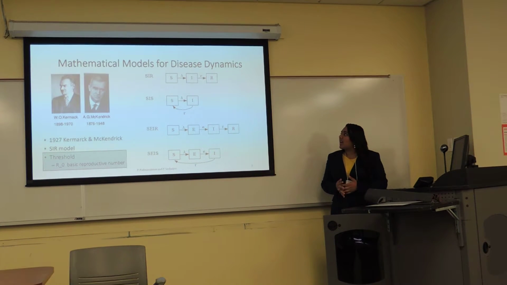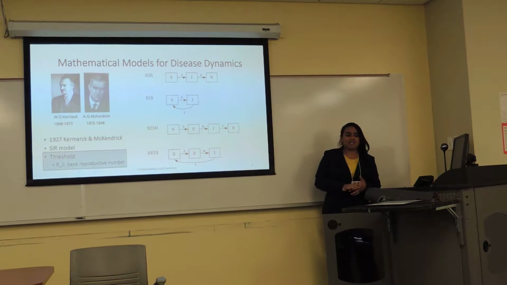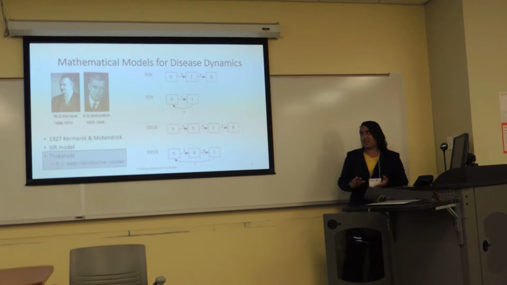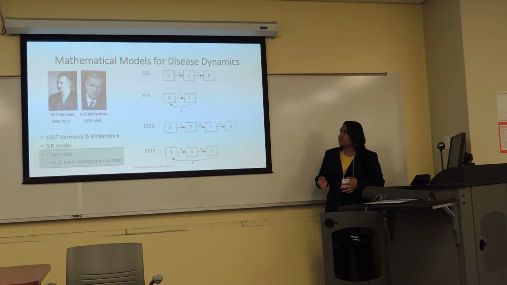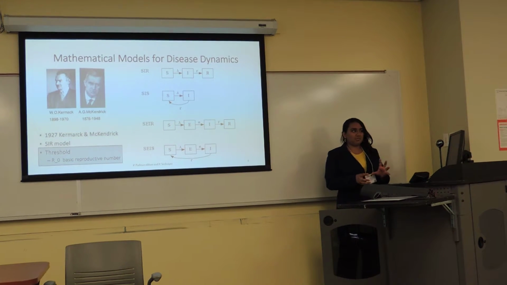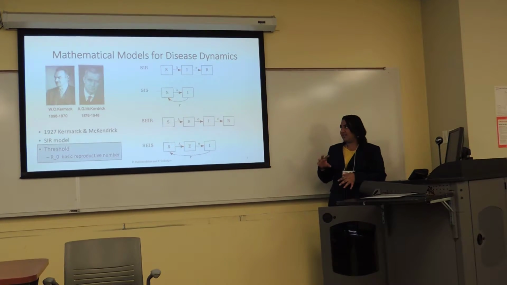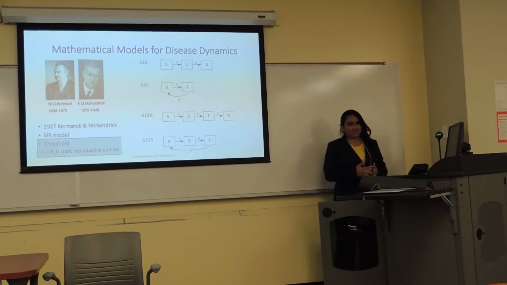When we look at sexually transmitted diseases like chlamydia, syphilis, and gonorrhea, we look at SIS models, in which members of the population move from the susceptible phase to the infected phase and then back to the susceptible phase without recovering.